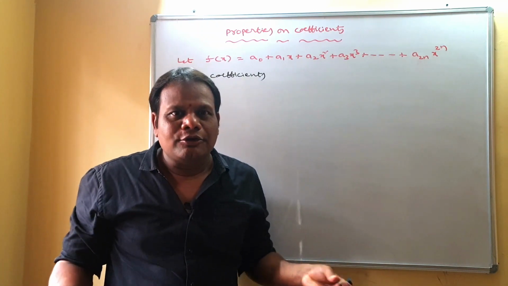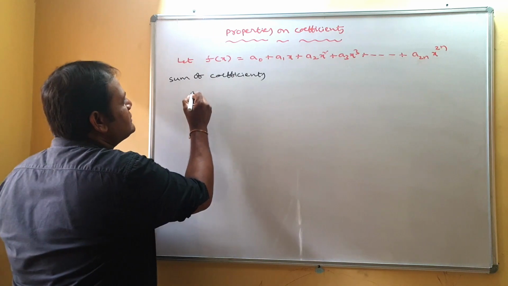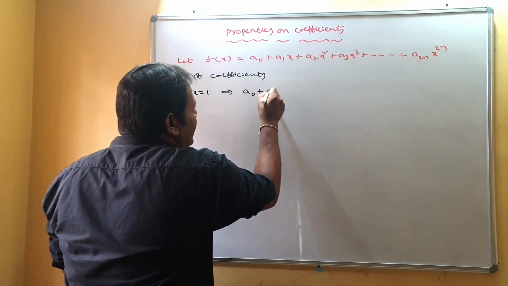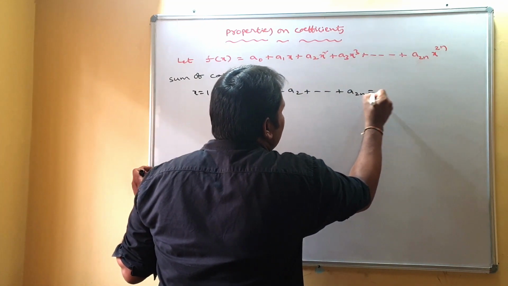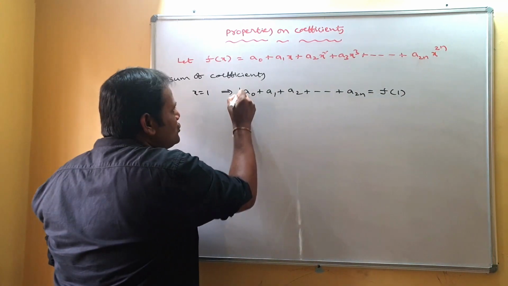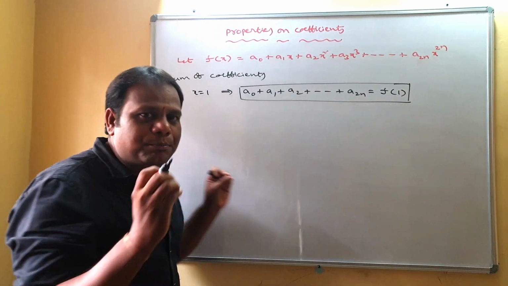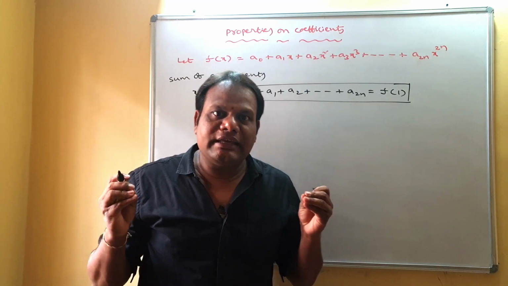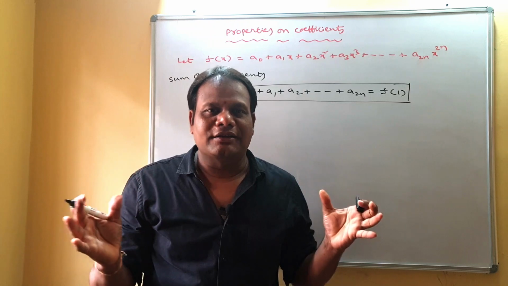So do one thing, put x equal to 1, then you can get the sum of the coefficients: a0 plus a1 plus a2 so on plus a2n is equal to f of 1. So you should remember, in any question, if they ask the sum of coefficients in any binomial expansion or in any expansions, then you put x equal to 1.